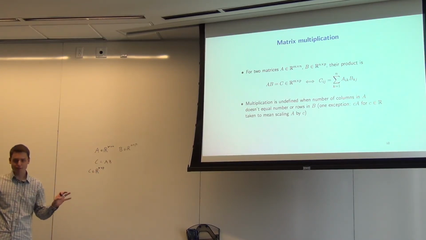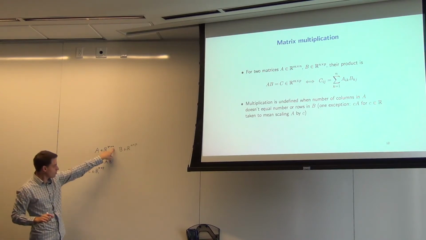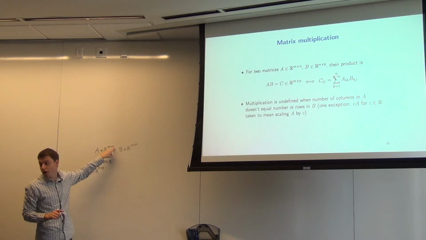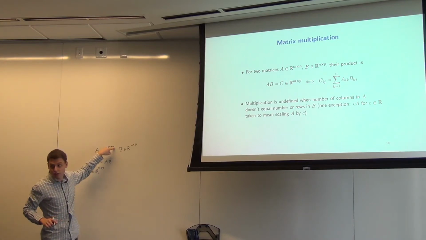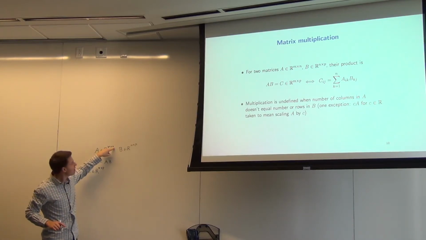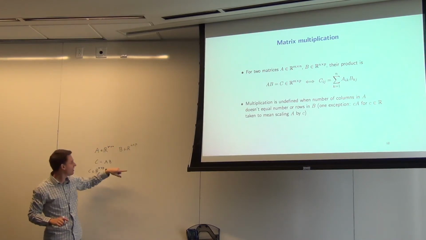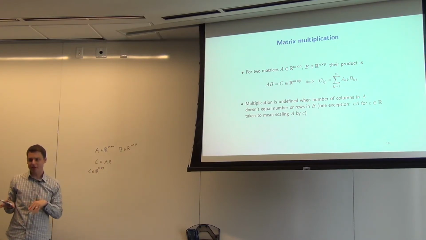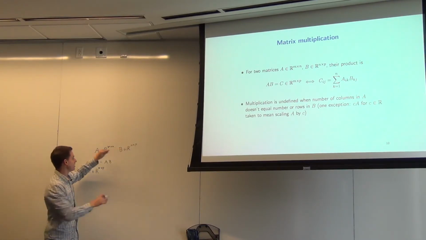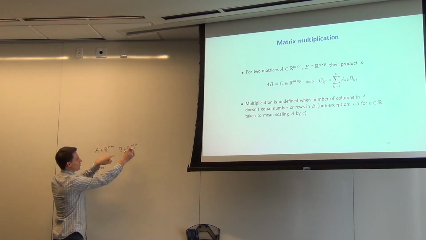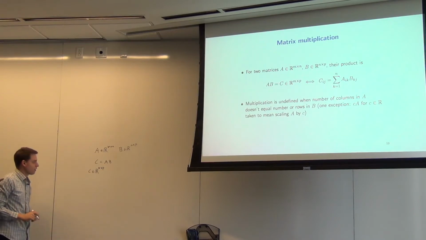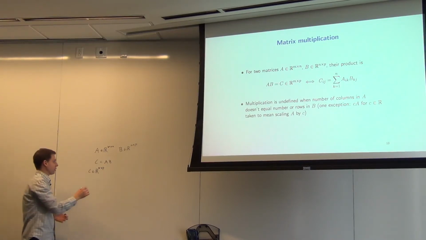It's very simple. To multiply matrices, the number of columns in A has to be equal to the number of rows in B. And the resulting size of the matrix is as if you just took away these elements and squished them: the number of rows in A and the number of columns in B. Now the actual definition of this is the following.